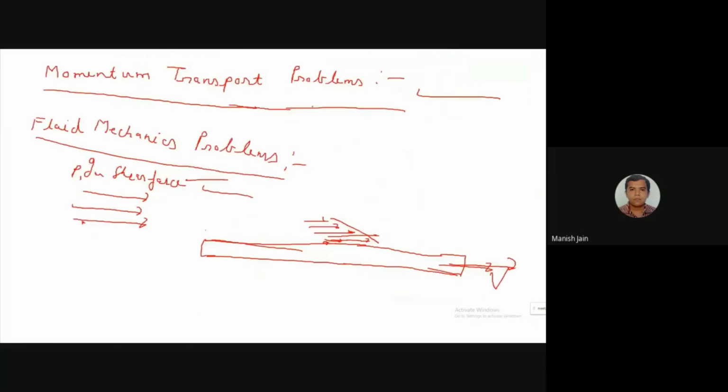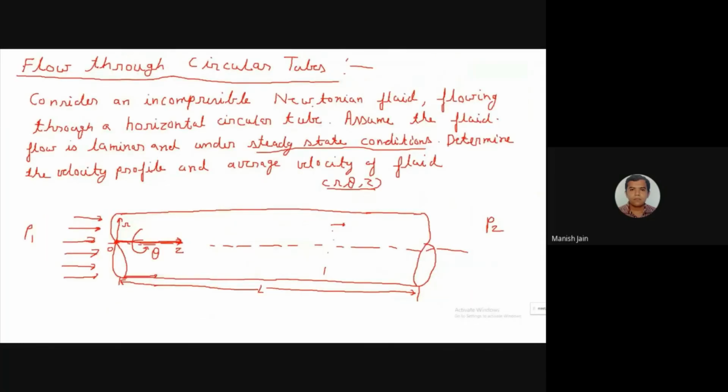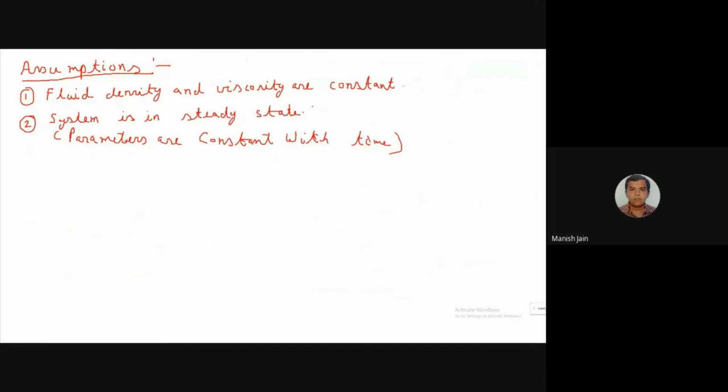If required, you can solve for the unsteady state also, but here we will solve for steady state because, in the longer period, most of the processes which occur in industry are steady state processes. The first assumption we have taken is that density and viscosity are constant.